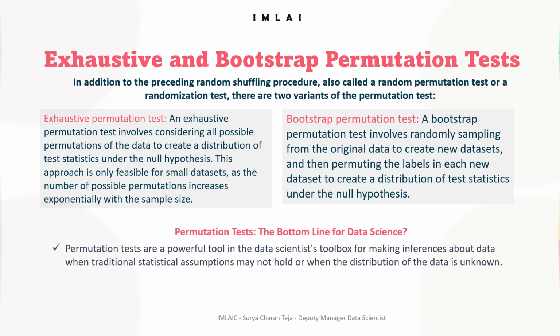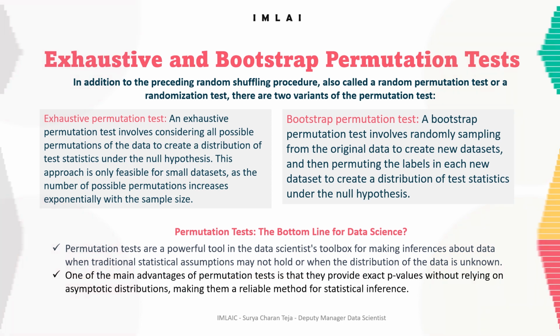To put it in much simpler language, permutation tests are a powerful tool in the data scientist's toolbox for making inferences about data when traditional statistical assumptions may not hold, or when the distribution of the data is unknown. The basic idea behind permutation tests is to randomly permute the labels of the data, creating a null distribution of test statistics under the assumption of no effect or difference between groups.